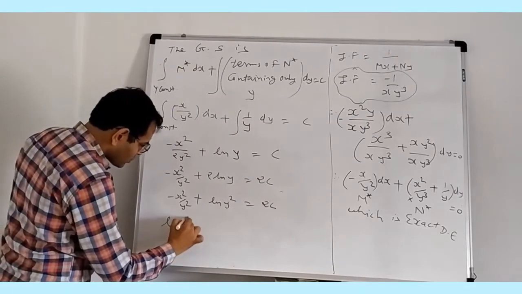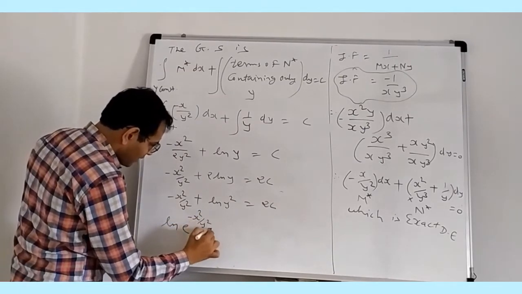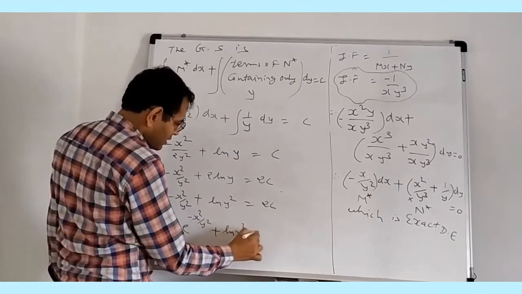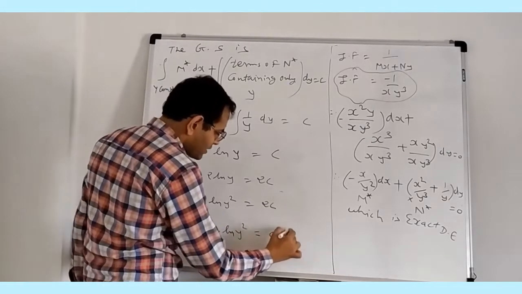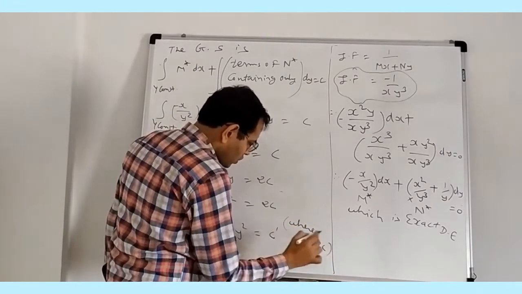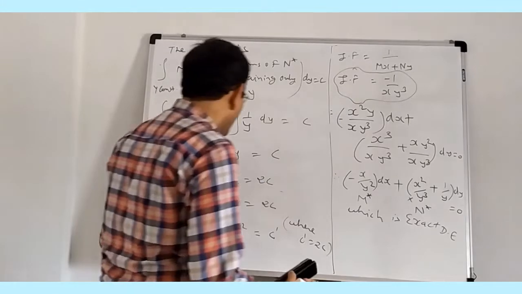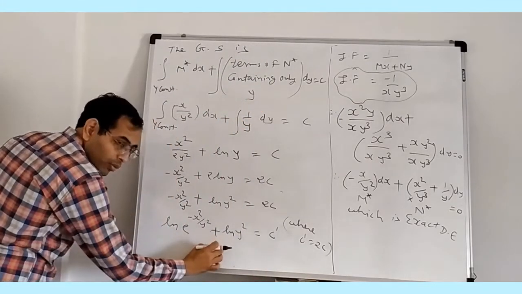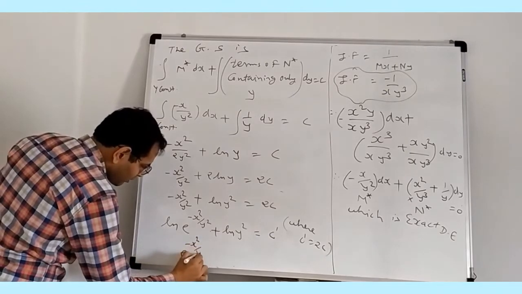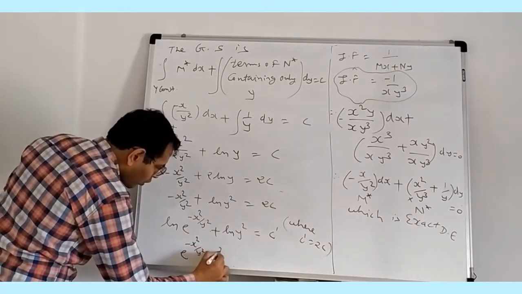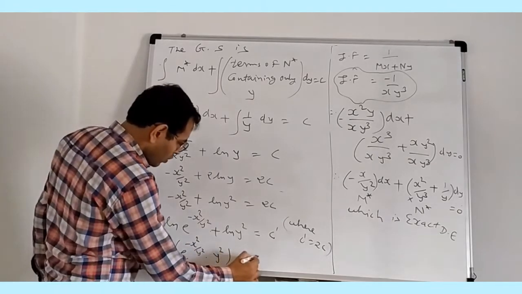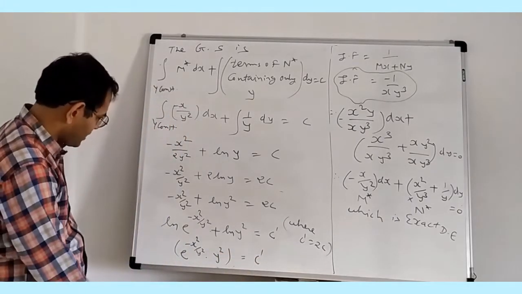Then ln e raised to minus x square by y square plus ln y square equal to c dash, where c dash equal to 2c. Now simplify this term, and according to the properties of logarithm, we get e raised to minus x square by y square into y square equal to c dash.